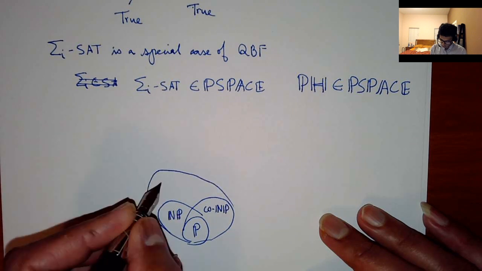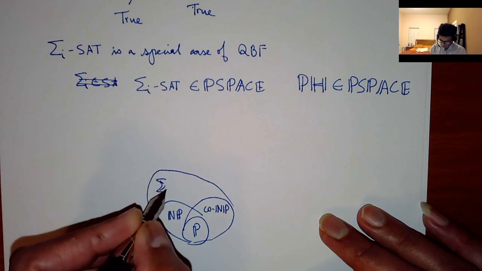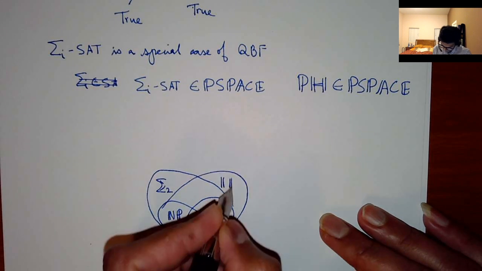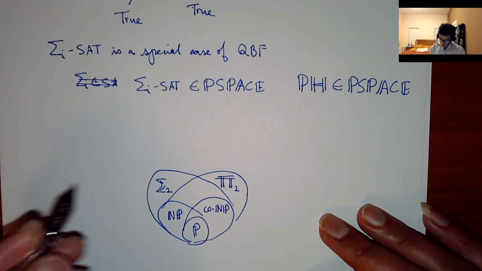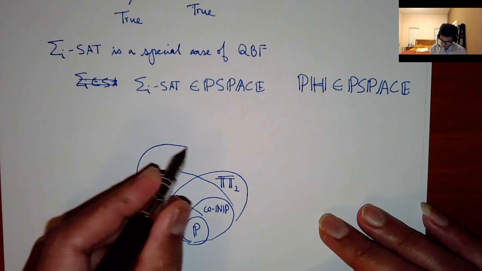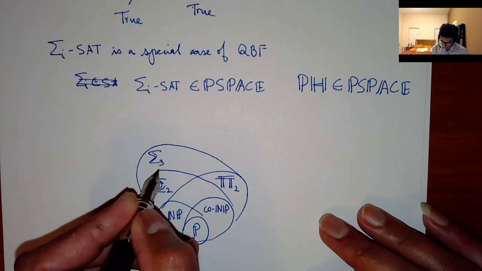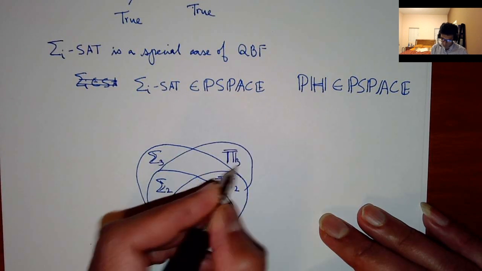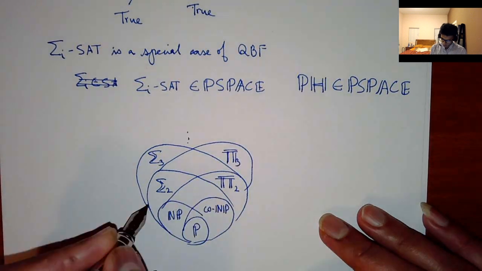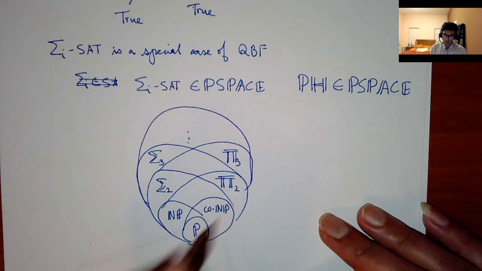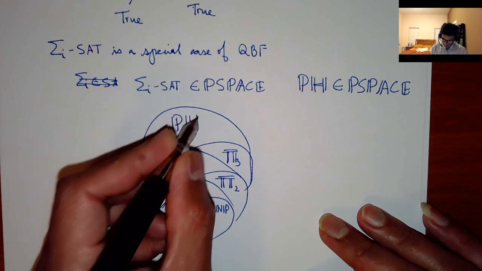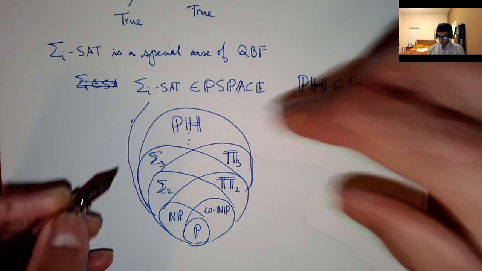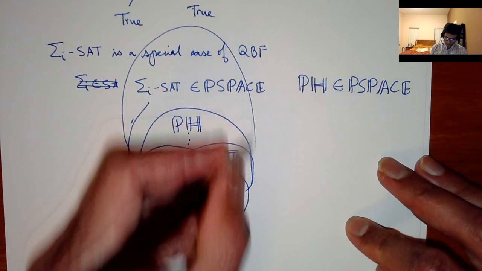Then what you get here is this is Sigma 2 and this is Pi 2, and then containing all of this is Sigma 3, and then this is going to be Pi 3, and all of this is the polynomial hierarchy. But all of that sits inside PSPACE, which is much bigger, so I'll just draw it like that, and all of this is PSPACE.